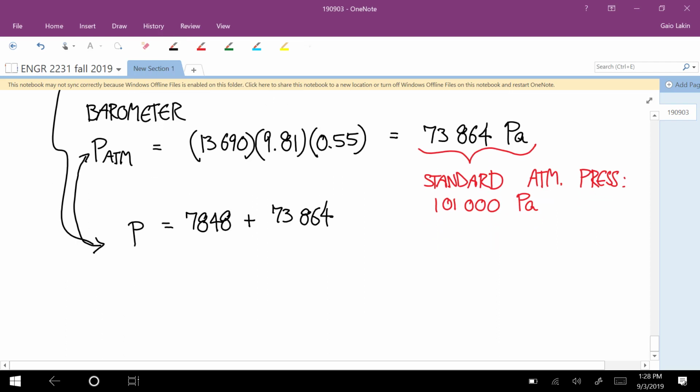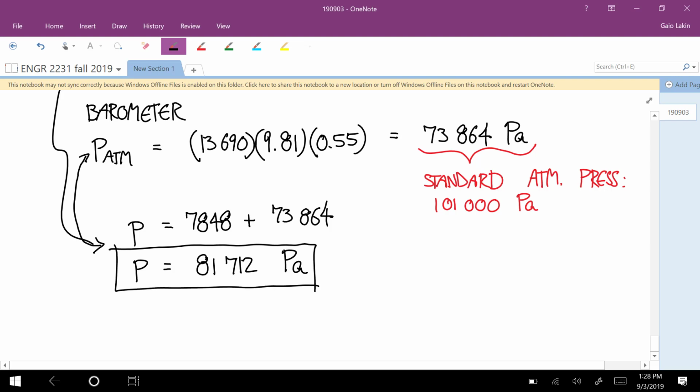Can someone tell me what that is? I don't have that calculated. 81,712 pascals. Any questions about that?